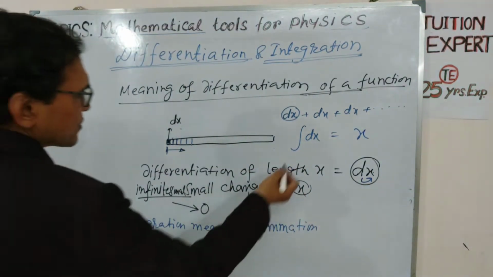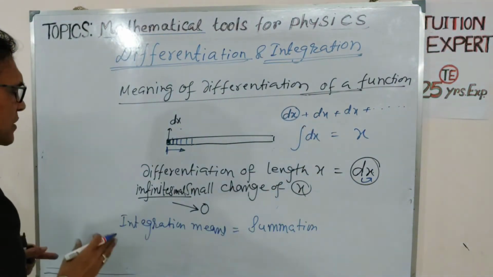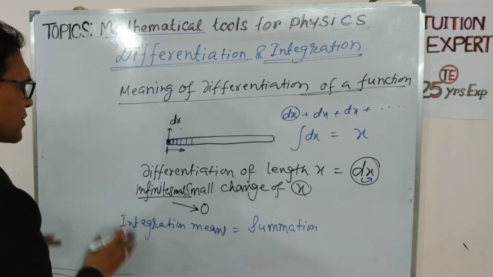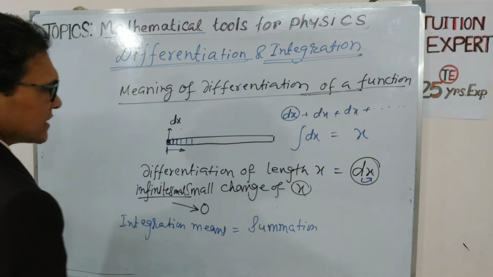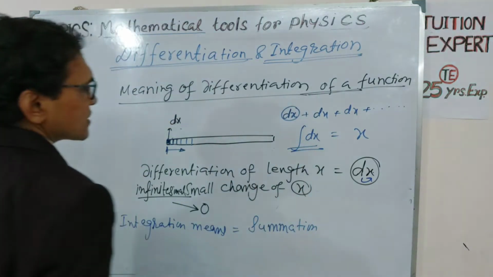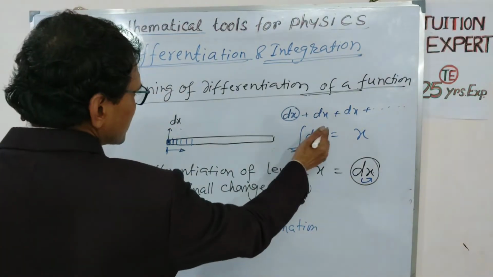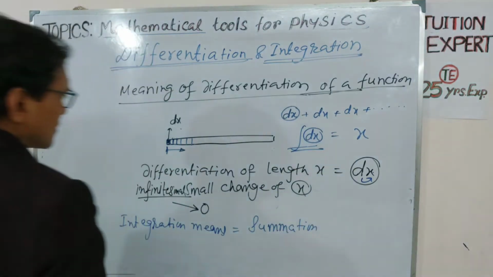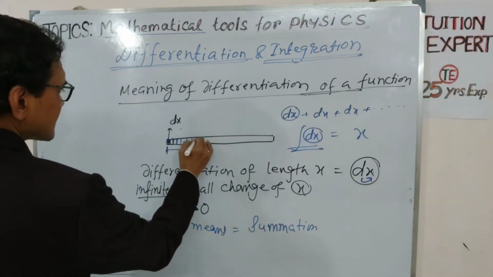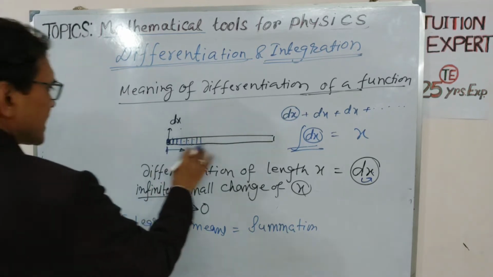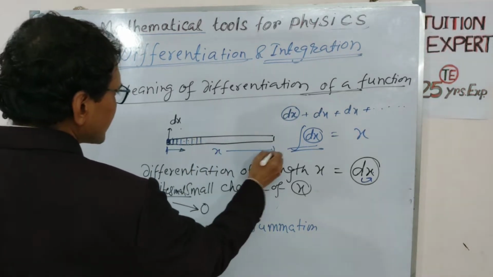This is the basic concept of integration: integration means summation of all the infinitesimally small quantities. Integration of dx equals x. So if we add such dx's, we can get the whole length x.